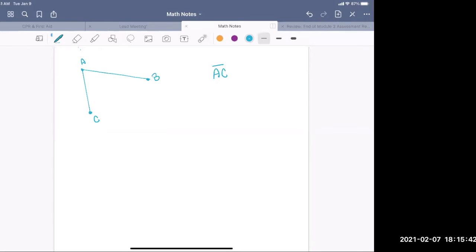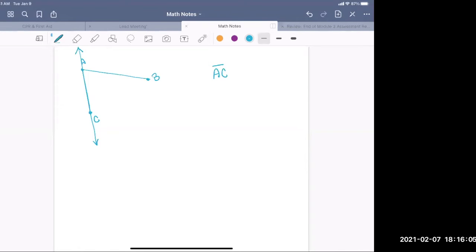Okay, if you had a really big piece of paper, you could extend it very, very far.